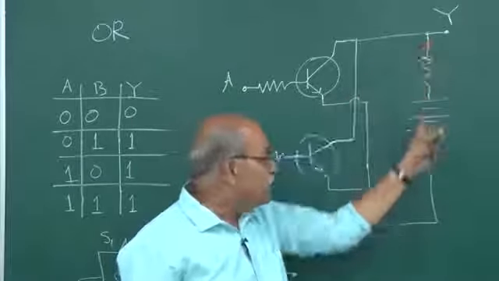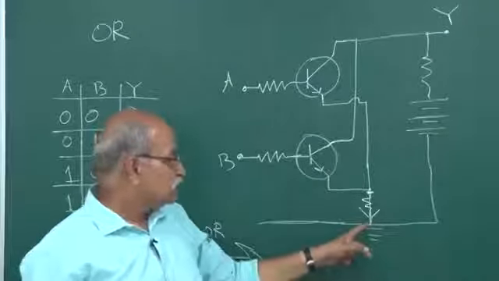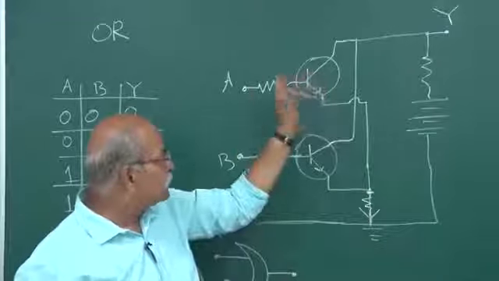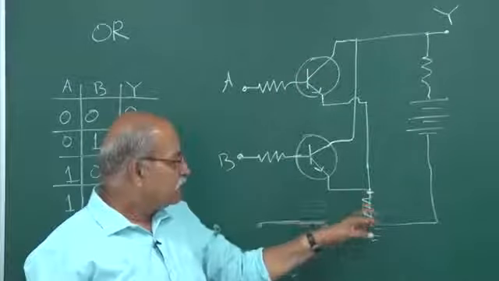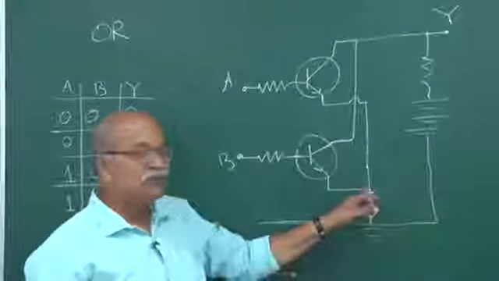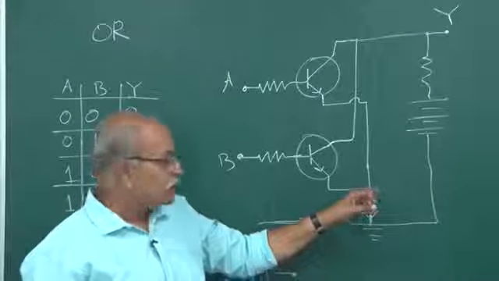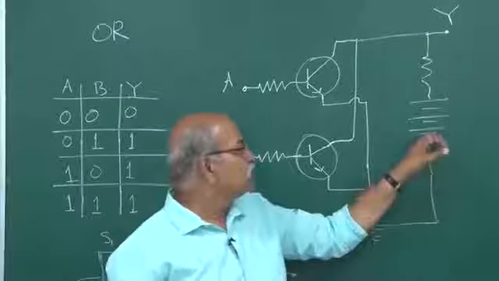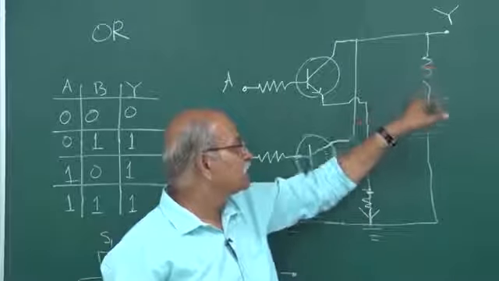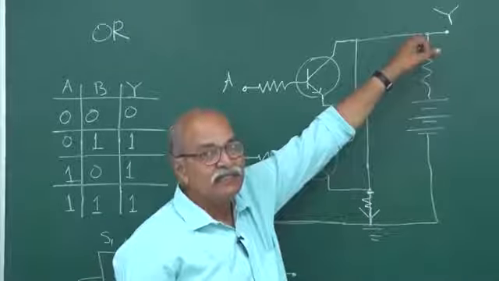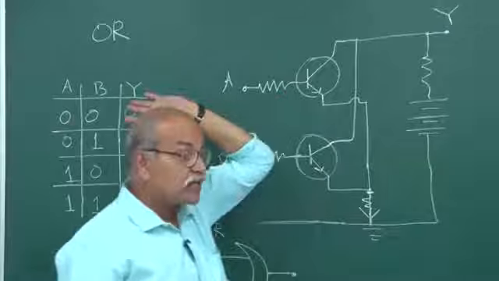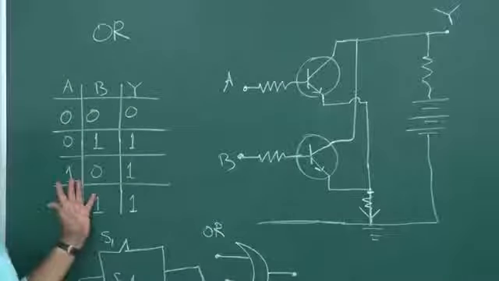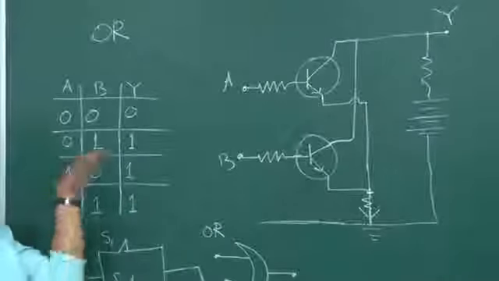And if there is no current, if 0 0 no current, then this potential is the same as this potential, which is low. But if this is low, then you have no current here, so this potential appears here and that is high. So it is just the opposite of this, it will be just NOT of this.